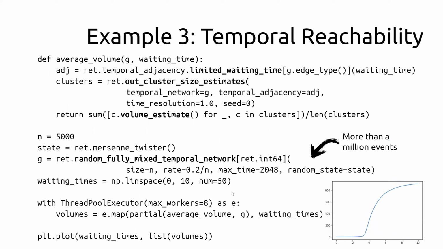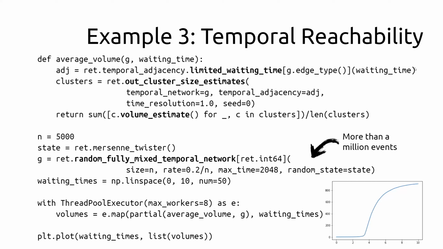The last example, a little bit more involved, is a temporal network example, showing the power of multi-threading as opposed to multiprocessing. Let's say you have one large temporal network, and you want to calculate reachability from every possible node at every possible time for different values of waiting time.